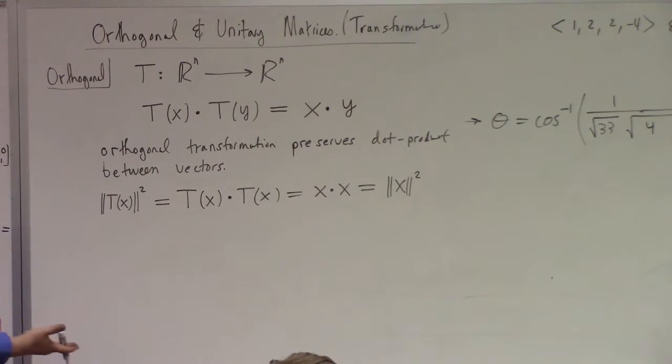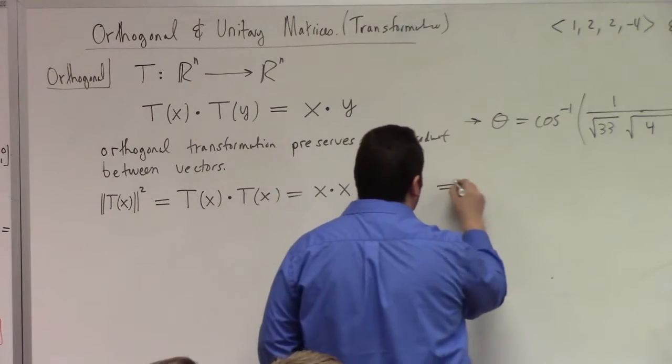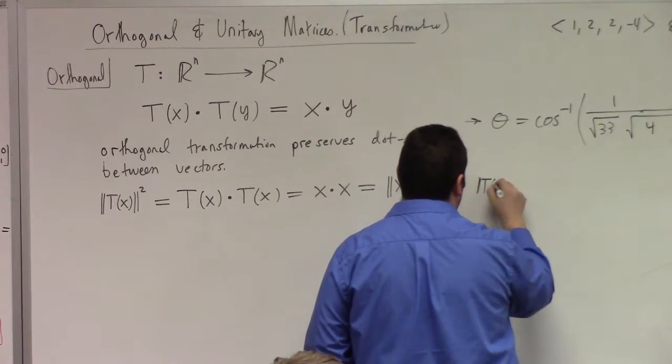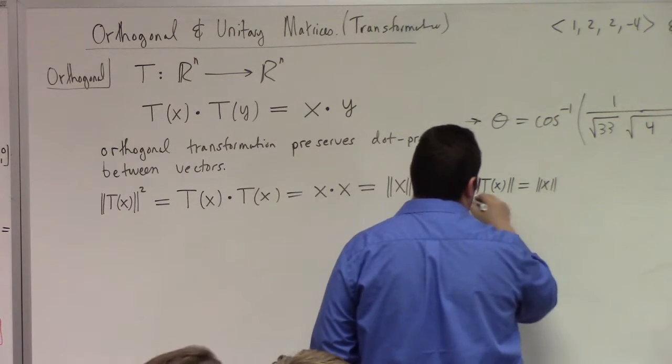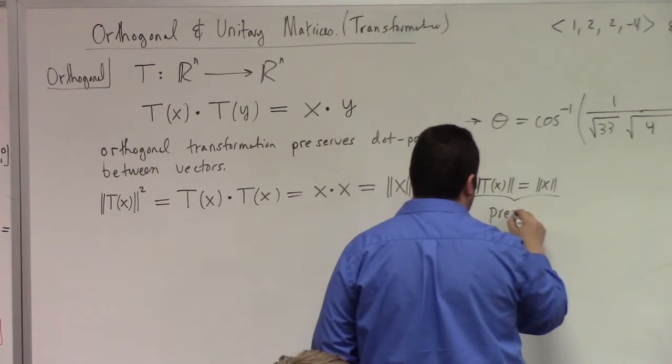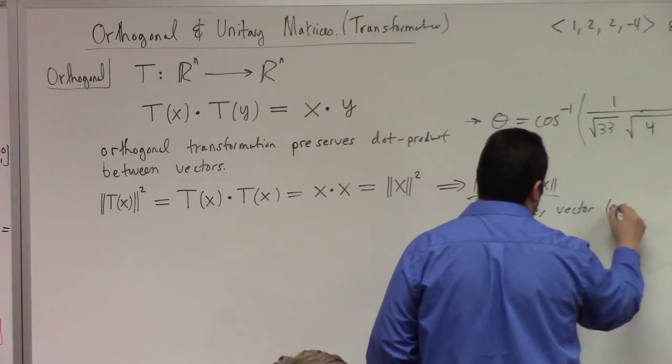So an orthogonal transformation preserves the dot product between vectors, which implies, since these are both non-negative, that the length of T of x is the length of x. So it preserves vector length. Cool, right?